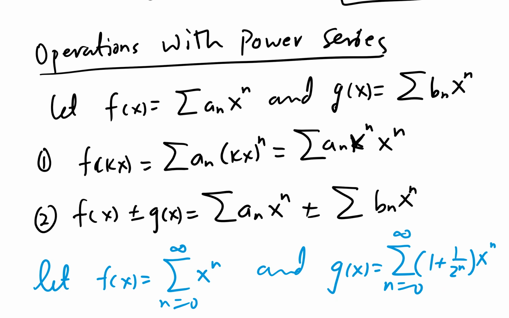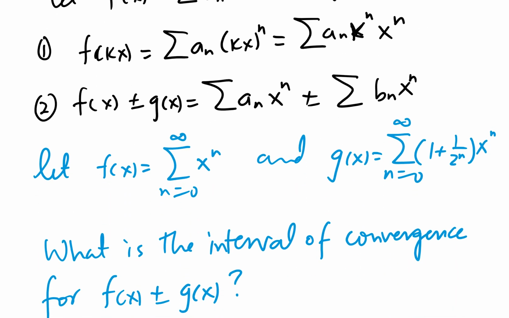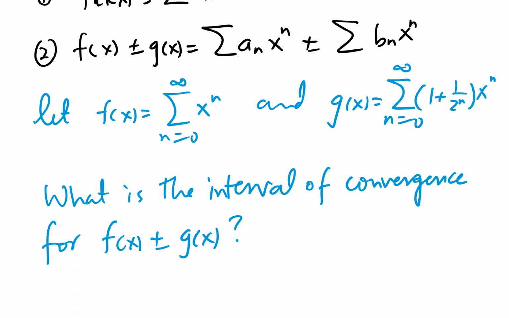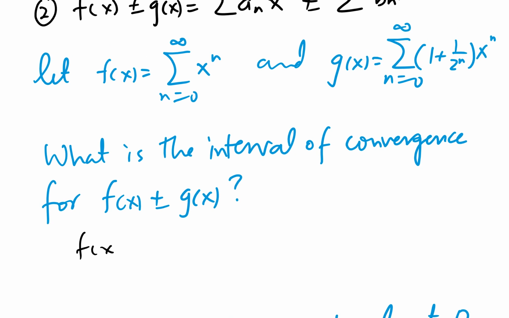If we are given these two functions, f and g, we are asked to find the interval of convergence for f of x plus or minus g of x. For f of x, the interval of convergence was negative 1 to 1, because you can tell that's a geometric series, right?